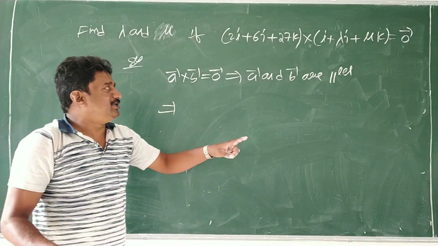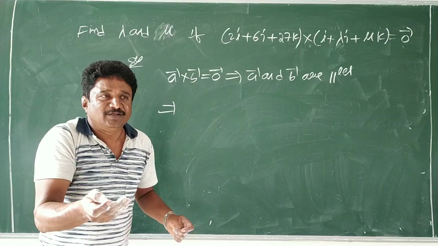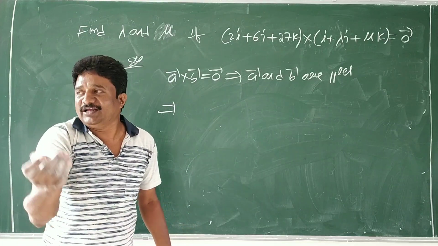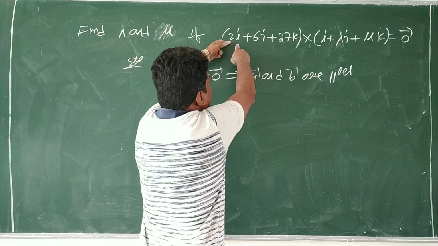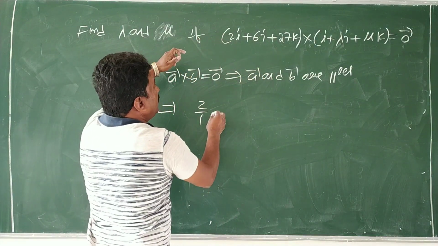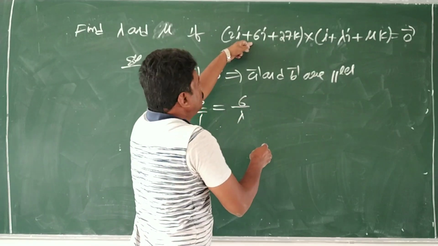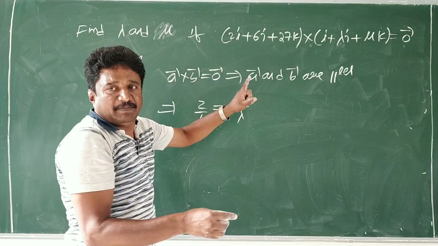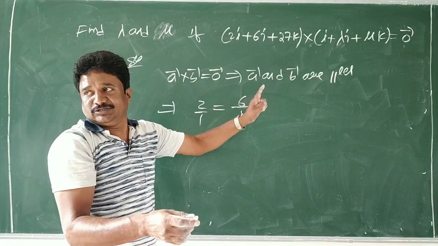So tell me the condition for two vectors to be parallel, that is A1 by A2 is equal to B1 by B2 is equal to C1 by C2.